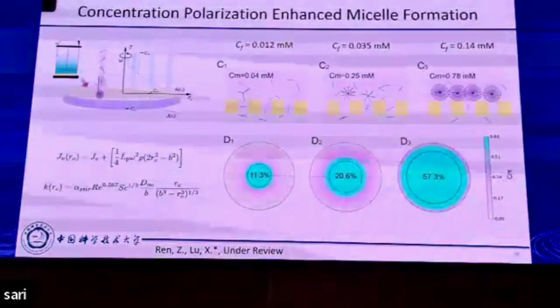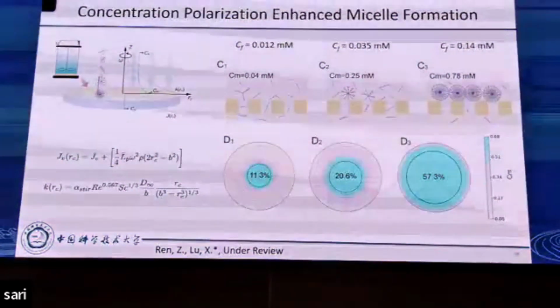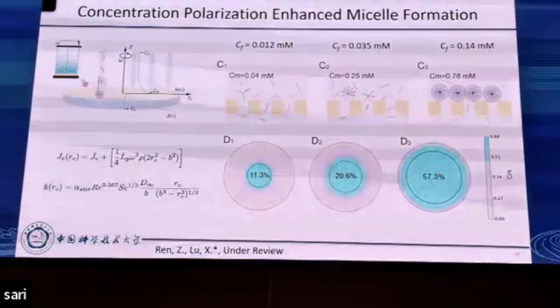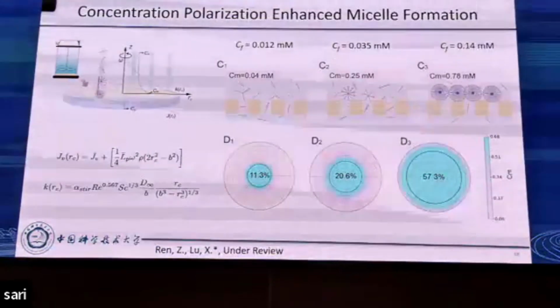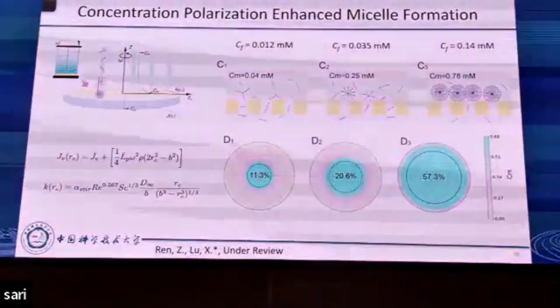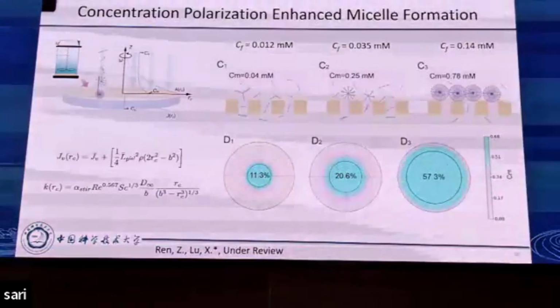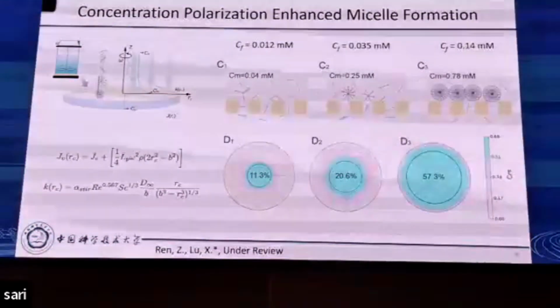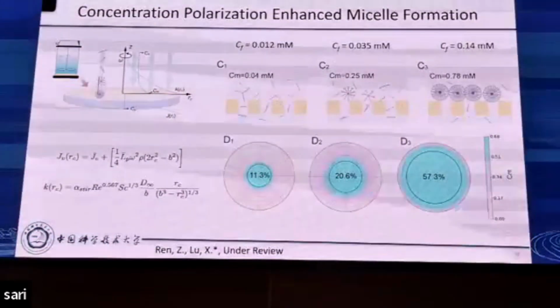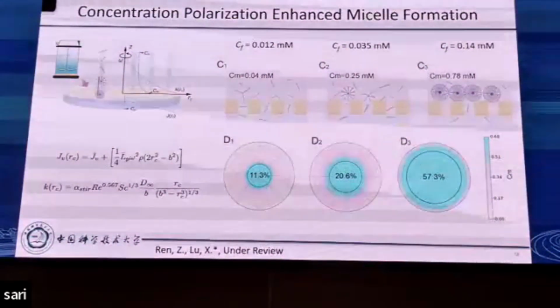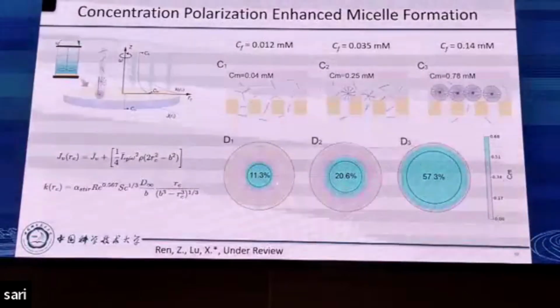Because we have this stir cell in our system, we did some mass transport analysis. This analysis enables us to look at the concentration of the CTAB near the surface of the membrane, and we also visualize the CTAB concentration on the membrane surface through concentration mapping.